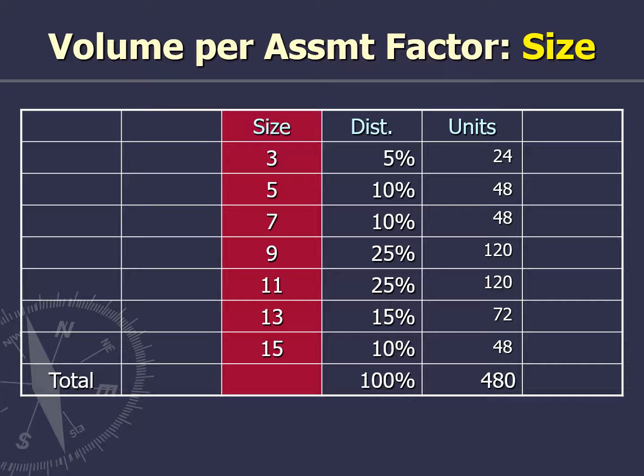Then size 9 and size 11 are 25%, so 25% times 480 is 120. That means that for size 9 and size 11, we're going to buy 120 units each. And of course, we can do the same kind of calculations for the colors: for each color, how many units we are going to need to carry.